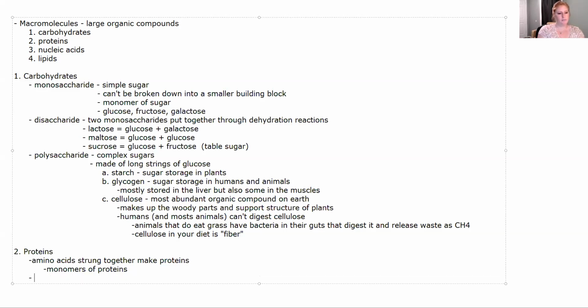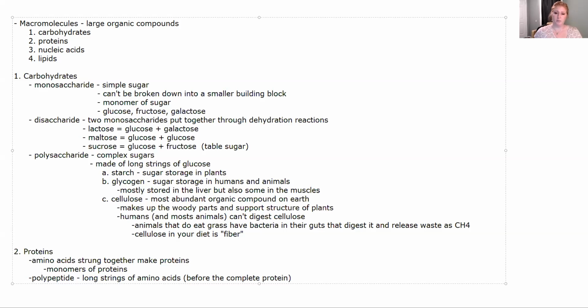But before you get to proteins, you get to something called a polypeptide. There's that word poly again, meaning many or several, and peptide usually referring to something happening with a protein. So a polypeptide is when you get long strings of amino acids for the complete protein.